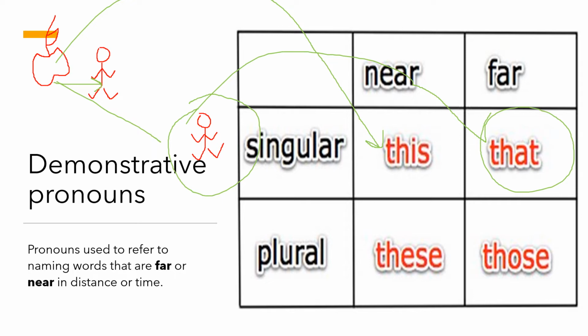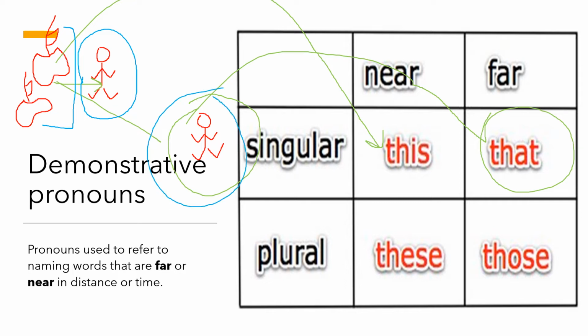Next, if we are talking about more than one apple, the person who is near to these apples will say, these are apples. And the person who is far from these apples will say, those are apples.